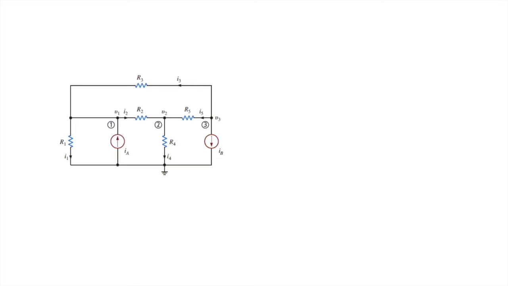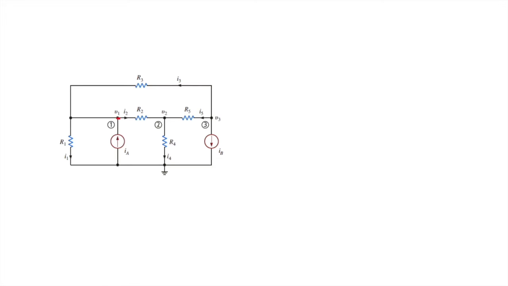So we write the KCL, and the matrix is a 2 by 2 matrix. So here we have 4 nodes, and we select 1 as the reference node, so we need to write KCL for the 3 nodes. And also we can write it in matrix form directly by observation. So let's take a look.